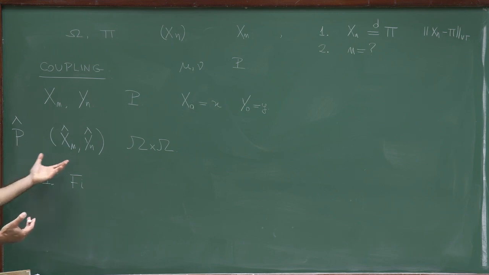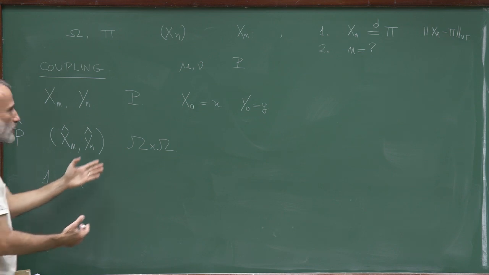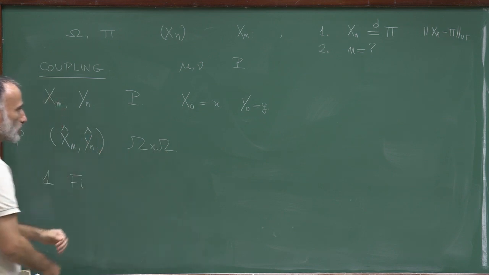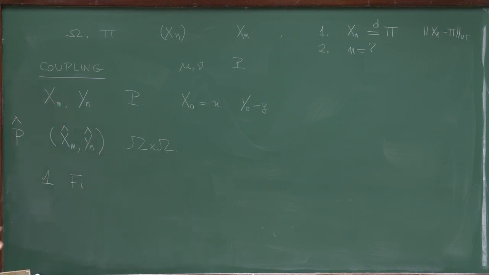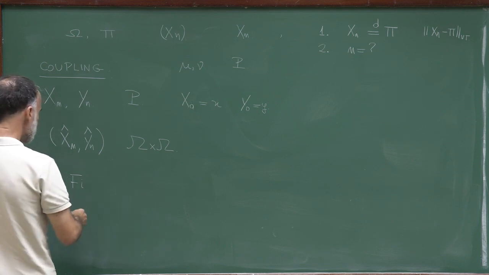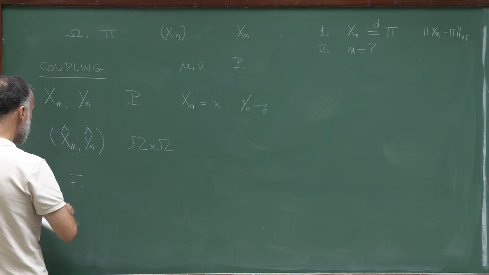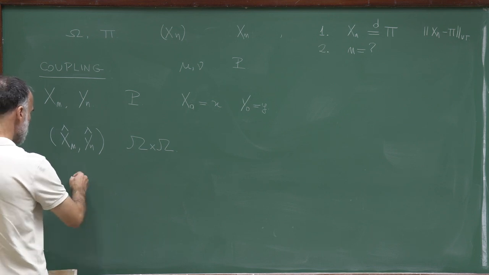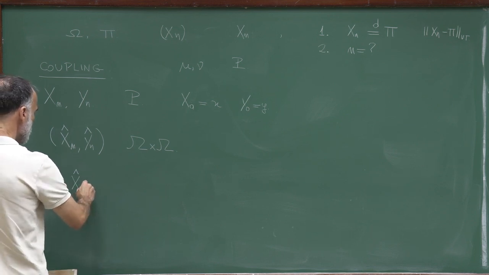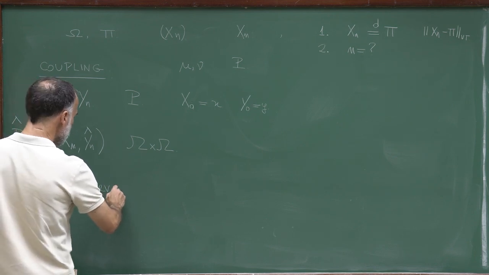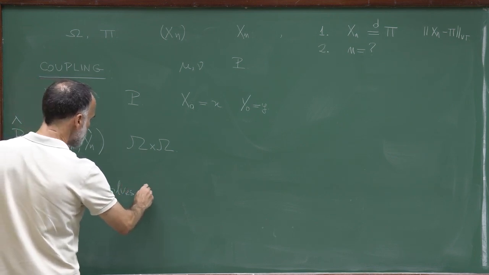Well, a coupling will be a new process, X hat_n and Y hat_n, defined on the product space omega times omega, with two properties. The first one is that if you observe the first marginal, it evolves as X_n.